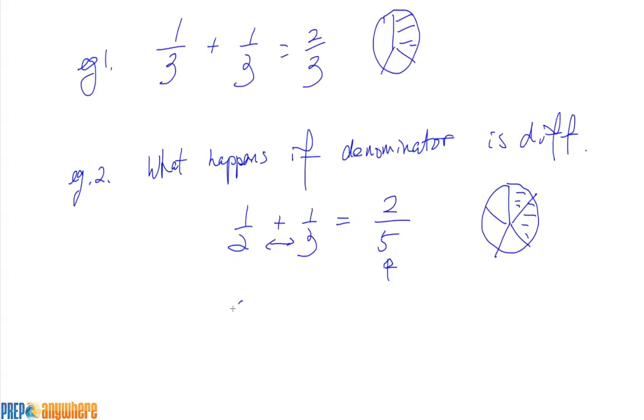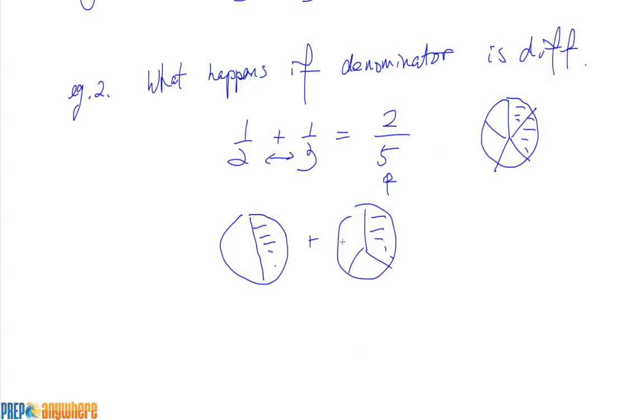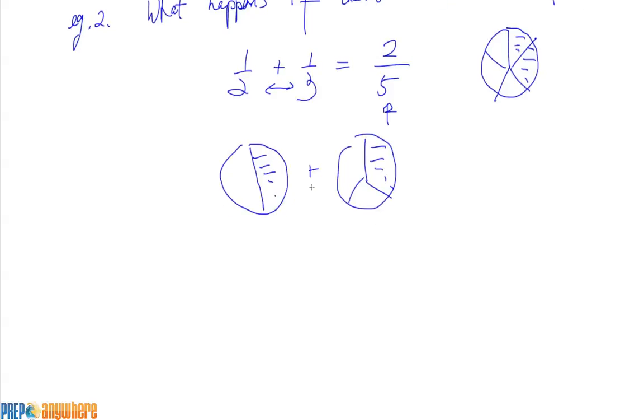So visually, this means half of a pizza, plus another pizza with a third. They're different sizes, so we cannot add the way we would like to. But here's what we can do instead. This half, we can cut up into 3 pieces.